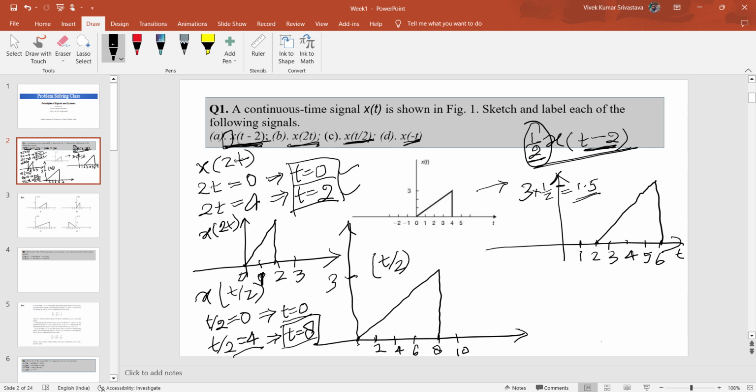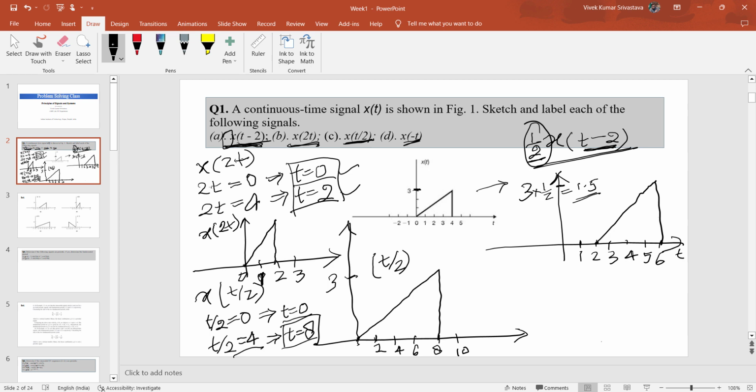Sir, does the slope in the second question change or not? Slope will change, but I think you are asking about the maximum amplitude.